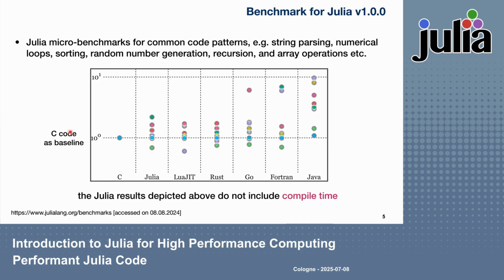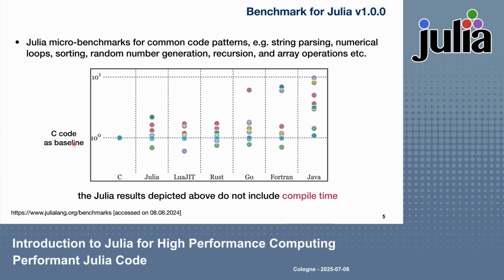For C code, this is the unit baseline. Then we compare the performance of C code with respect to Julia, Lua, Rust, Go, Fortran, Java. As you can see, Julia code is roughly as fast as C code, sometimes a little bit slower, but for some of those micro benchmark cases, maybe for loops or random number generation, Julia code can be faster than the C code.